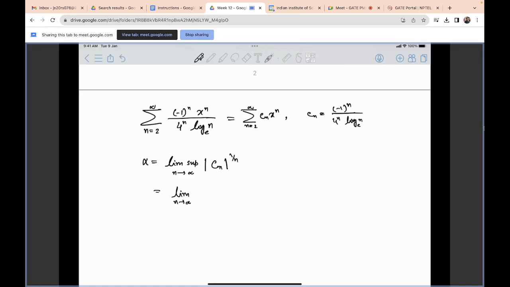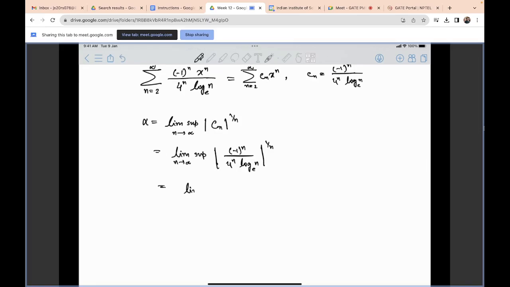The limit as n tends to infinity of lim sup of ((-1)^n by 4^n log_e n) to the power 1 by n. This is basically the limit as n tends to infinity of 1 by 4 (log_e n)^(1/n).